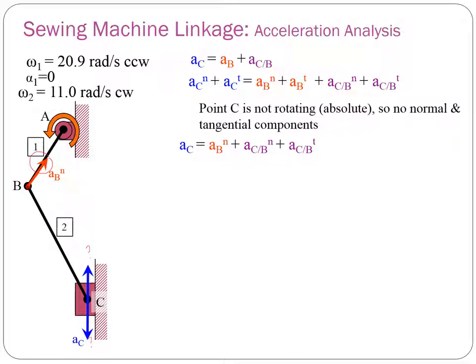This is the acceleration, not the direction of the motion, so it can be accelerating or decelerating. So this will be the components of normal and tangential. The normal components are confirmed, it's always into the center of the rotation. But the tangential components are not confirmed yet, whether it will be going up or left or right in this case.